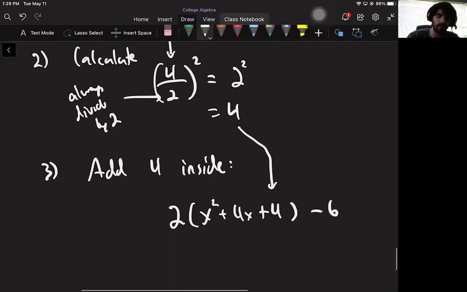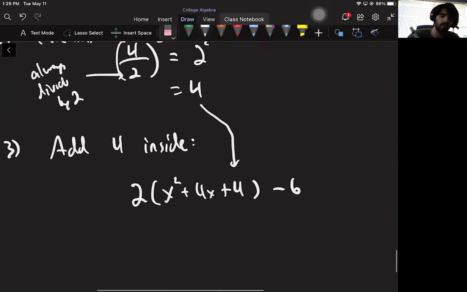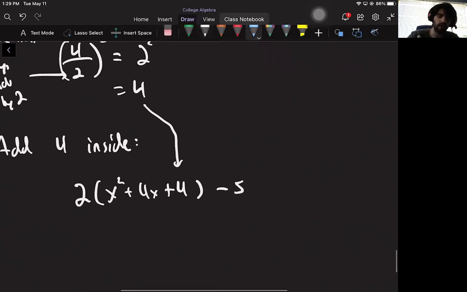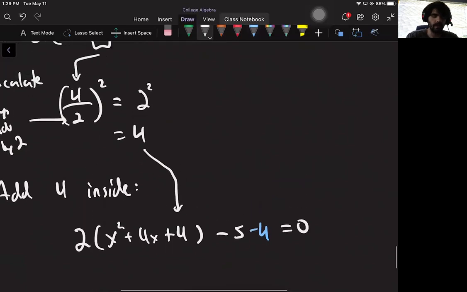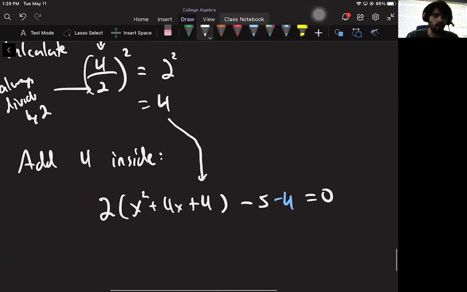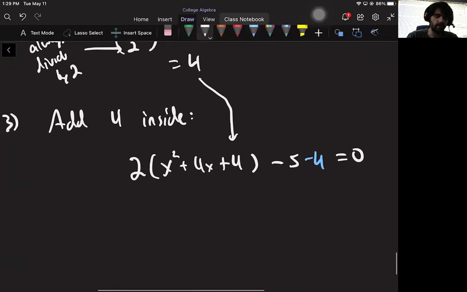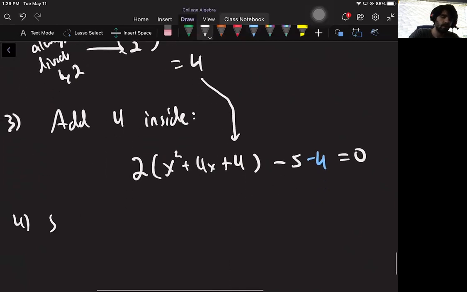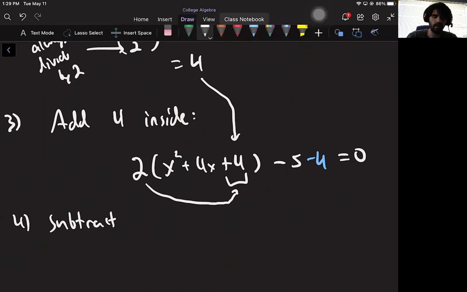Now, what number was that? Sorry, 5 now. Now I do not want to just subtract 4 like I did last time. So that's not right this time. So why not? Well, because secretly, I didn't add 4. I actually added 2 times 4.